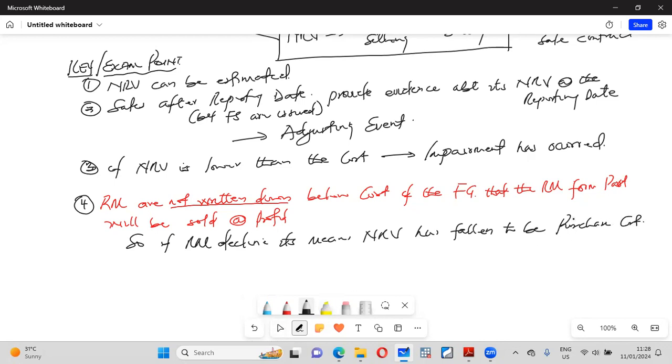Take note of that. All right. So if the raw material prices decline, then the net realizable value has fallen to the purchase cost.